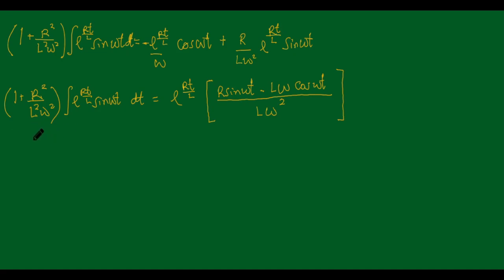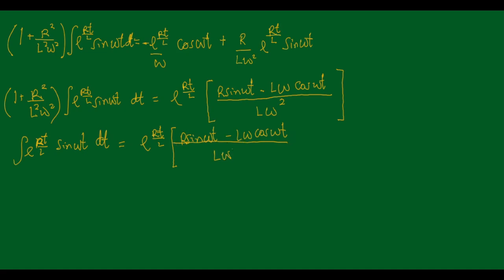So we now have the integral of e raised to power Rt over L sine omega t dt to be equal to e raised to the power of Rt over L multiplied by R sine omega t minus L omega cos omega t, divided by L omega squared, multiplied by L squared omega squared divided by R squared plus L squared omega squared.